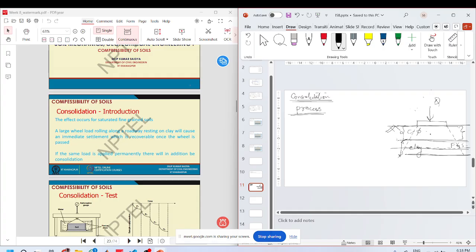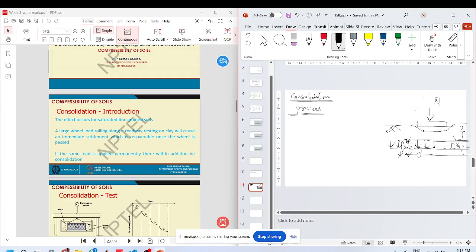What this will cause is this clay layer to compress. So I will see settlement just below my foundation.